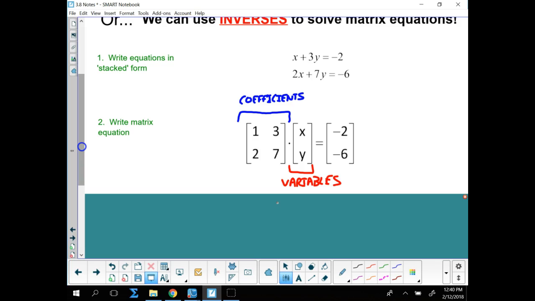If I had 4 equations and 4 variables, I'd have probably w, x, y, and z. Okay. Then I have an equal sign, and then I have my constants, or my numbers.